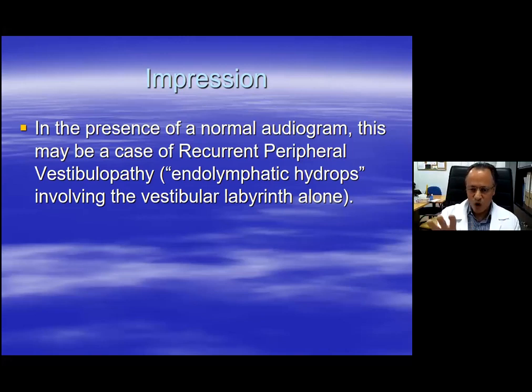So if you believe in the existence of endolymphatic hydrops as the cause of these symptoms, you may have this phenomenon existing in the inner ear, not involving the cochlea, hence the normal pure tone audiometry, but involving the vestibular labyrinth.